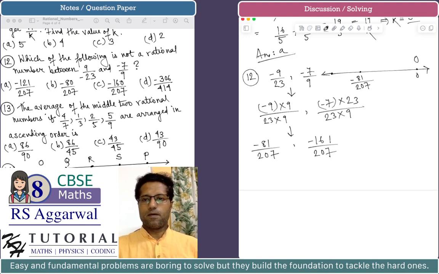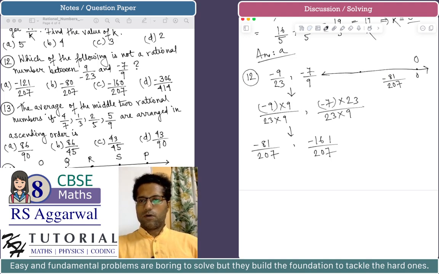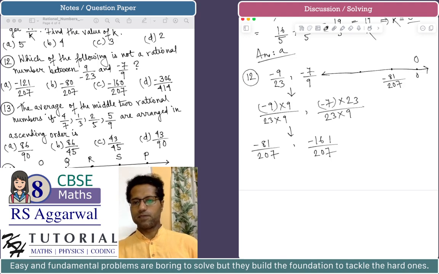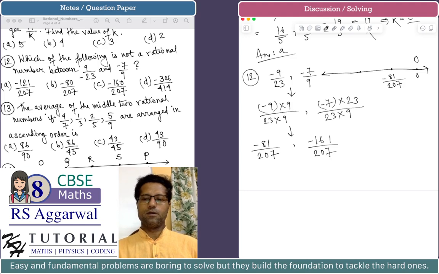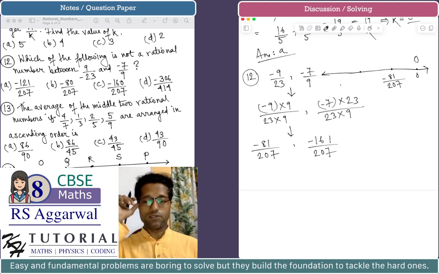Somewhere here on the left hand side of the origin O, let's say that we have the rational number minus 81 by 207, and then the rational number minus 161 by 207, which is the equivalent form of minus 7 by 9, will be towards the left hand side of minus 81 by 207, because both are negative rational numbers and the numerator in 161 is greater.